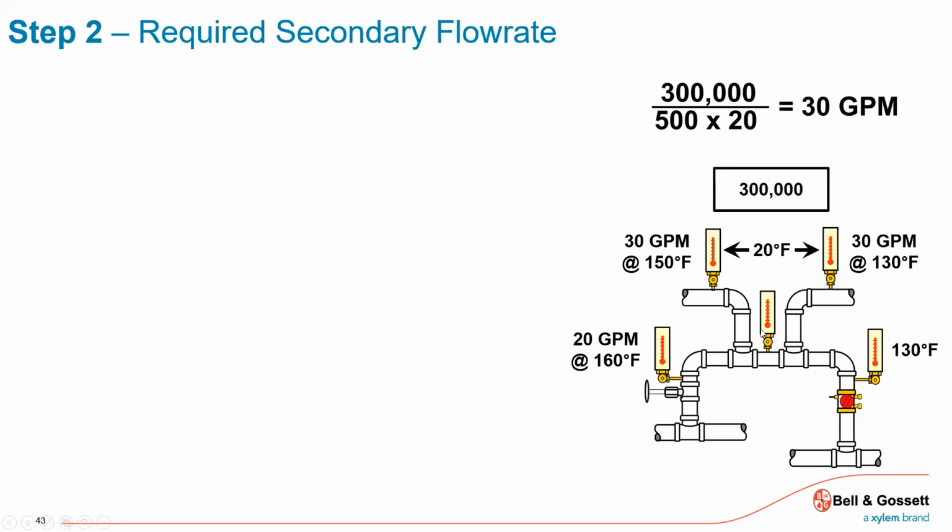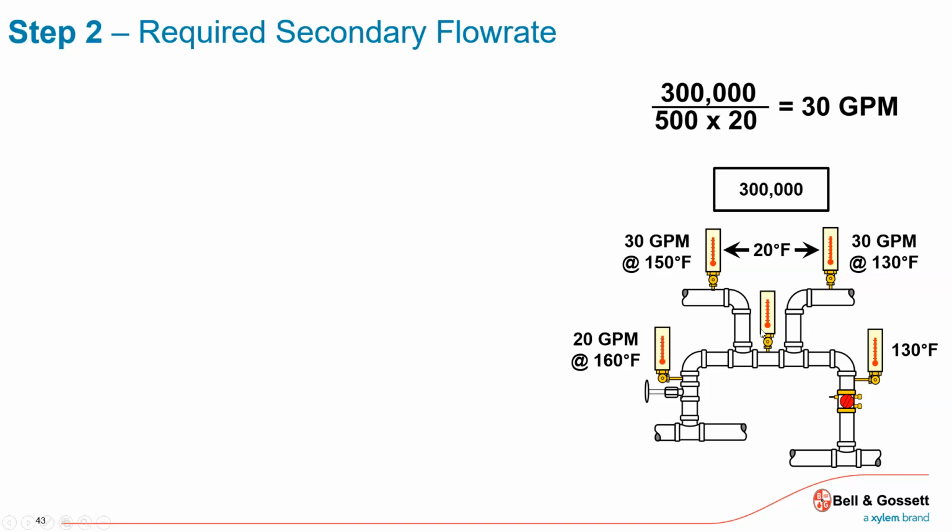And as that 30 comes back, because 10 is going backwards, 20 is going back at what temp? Like we already talked about, 130. So there's my math. I've got 30 gallons a minute at a 20-degree delta T that represents 300,000 BTUs.